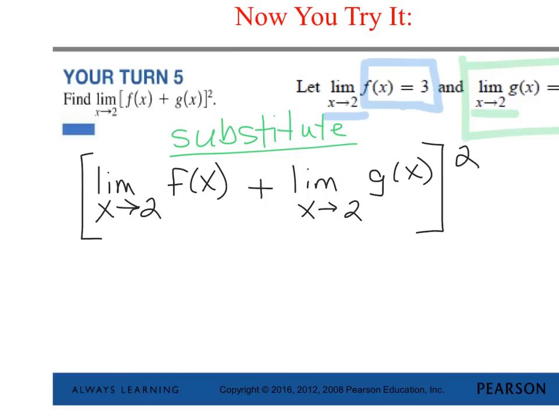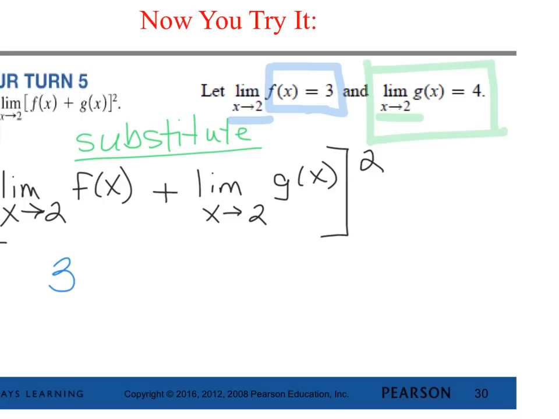So the limit of f of x as x approaches 2, we have already been told is 3. And the limit of g of x as x approaches 2, we've already been told is 4.